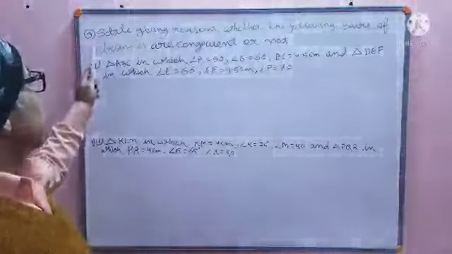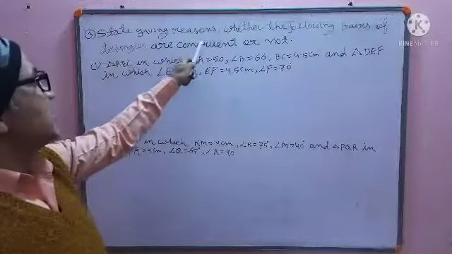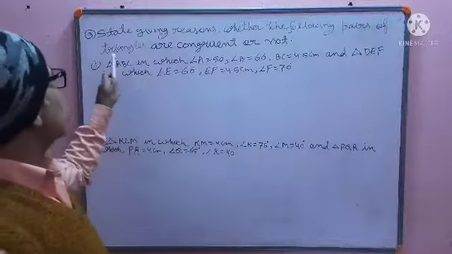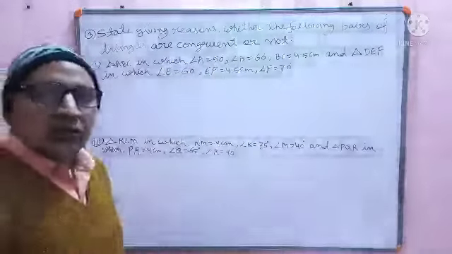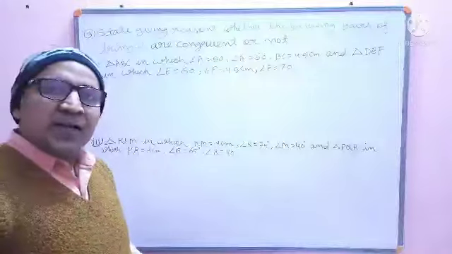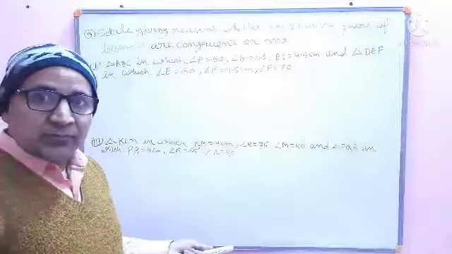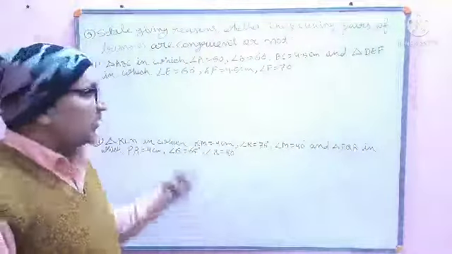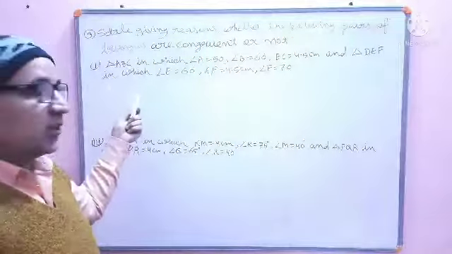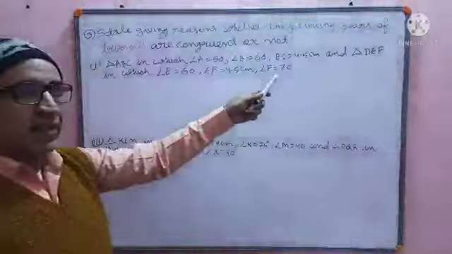Okay, now see question number 3, children. Question number 3 says: state, giving reasons, whether the following pairs of triangles are congruent or not. The question is the same as question number 2, but in question number 2 the diagrams were given. Here pictures have not been given, statements have been given.